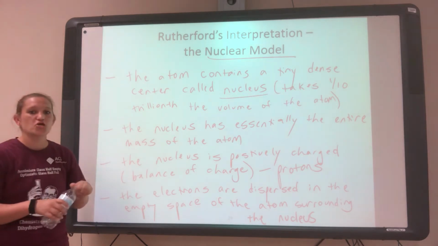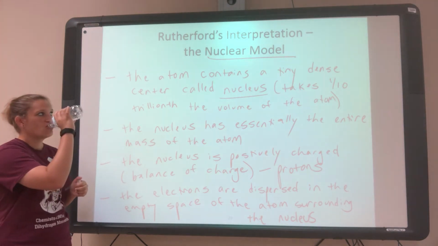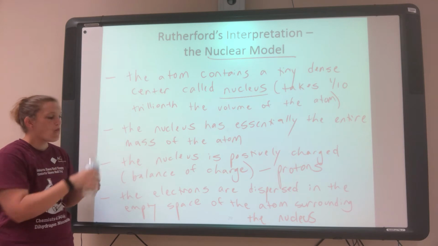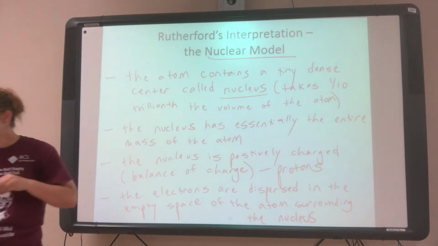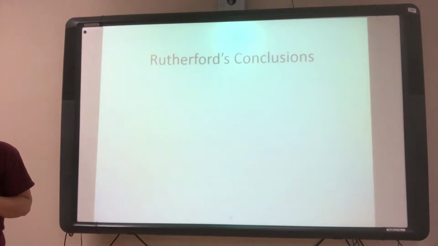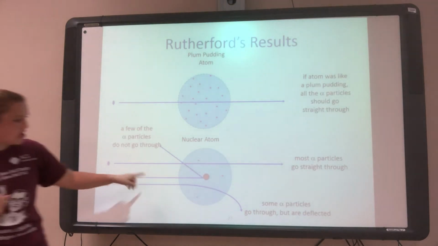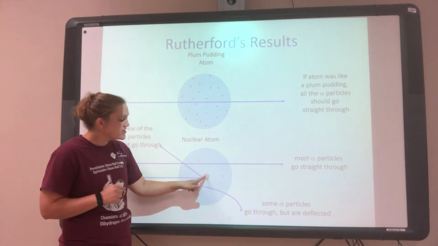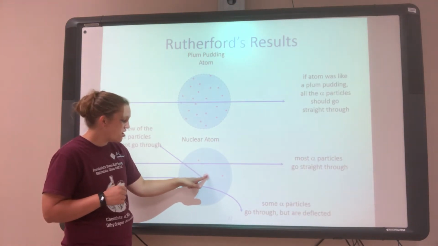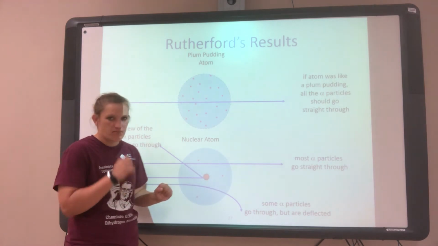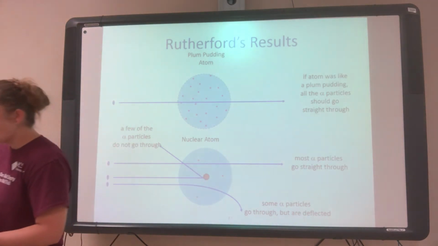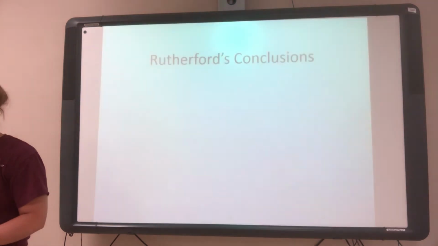So that's what this structure looks like. If we look at this picture, you have my nucleus, which has my positively charged protons, and you have my electrons, two subatomic particles. That's what Rutherford's nuclear atom looks like.